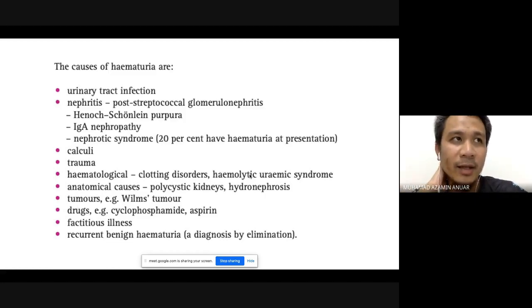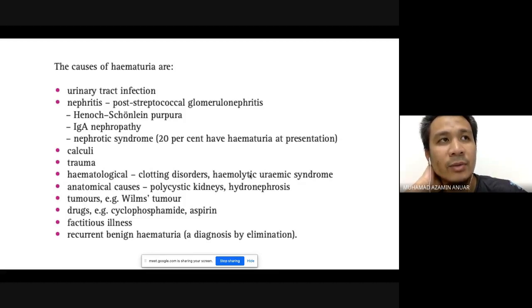So we ended up deciding to remove the child care from the parents, got the child admitted to HTU or PICU for a while, and the child stayed there for a couple of weeks and then remained well without any intervention or any treatments. And then because the child got better, we let them home again. So every time they got better, we let them home. This happened about 4 to 5 times, and then we became very suspicious of factitious illness.